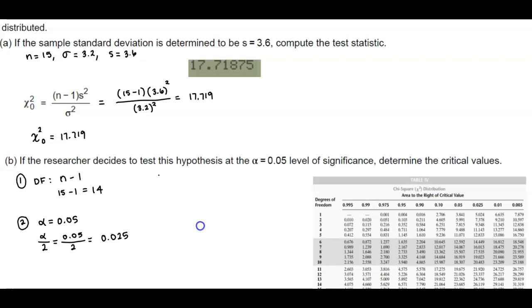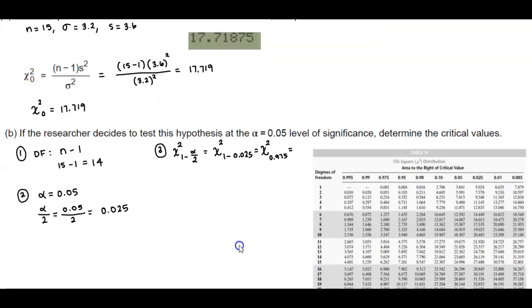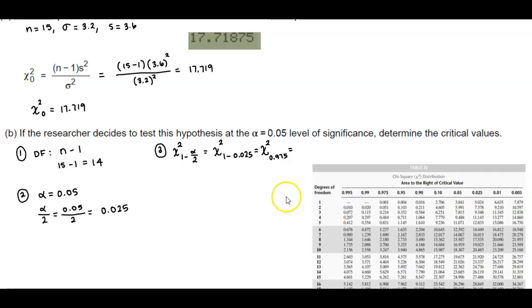So what do we need to know? Well, we need to know that the critical value on the left side is going to be 1 minus alpha divided by 2, which we know is going to be 1 minus 0.025, which means we get chi-squared with an area of 0.975. Okay, so we're going to be able to determine what is that critical value by looking at the chart.